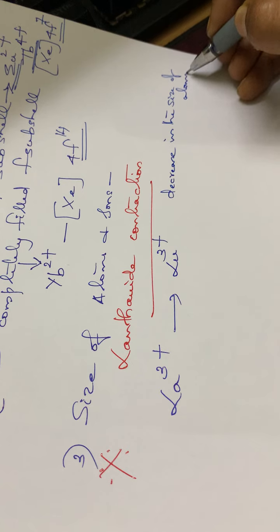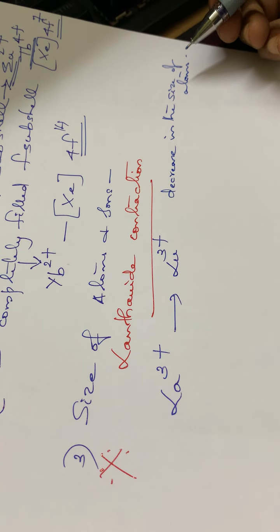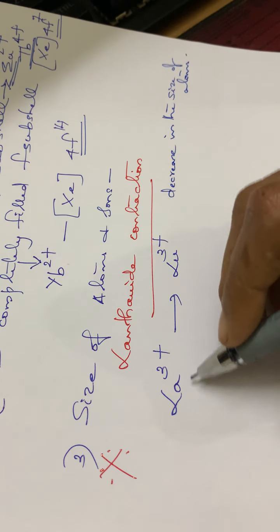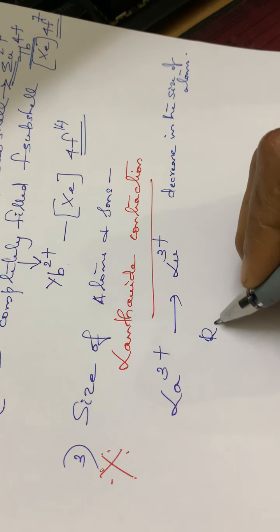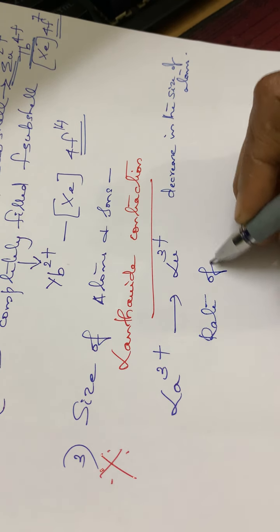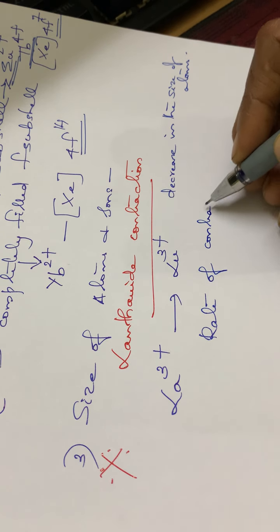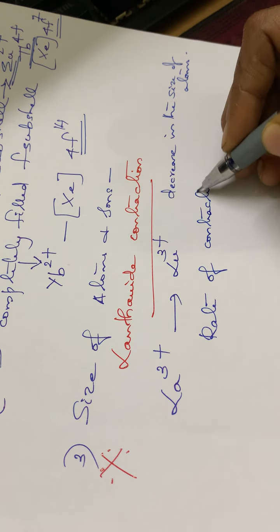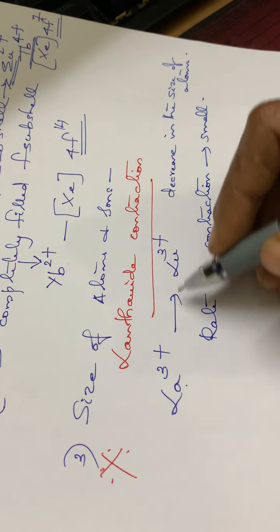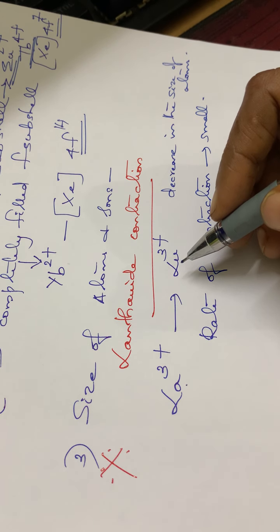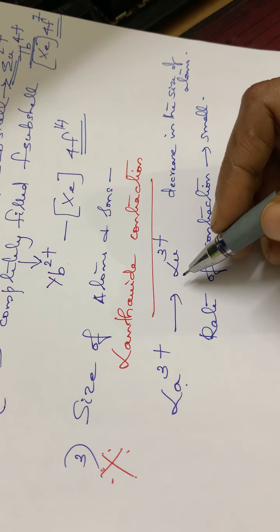Here also a decrease in size occurs from lanthanum to lutetium. But see, the rate of contraction of the size is relatively small, not as pronounced as in other periods of the periodic table.